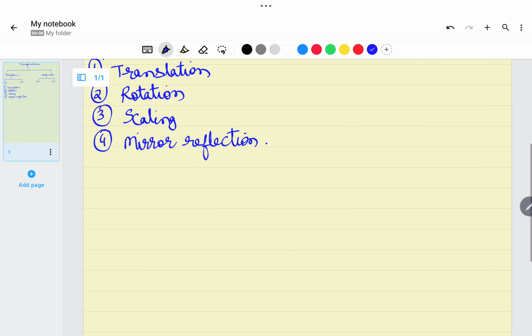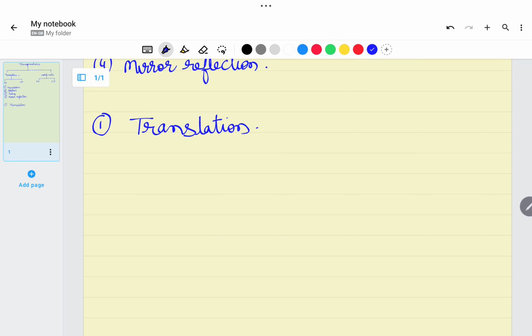Let us consider the first one, translation. Translation means we move the object along a path, that is, translate along a vector. Just understand this with the help of the sketch.